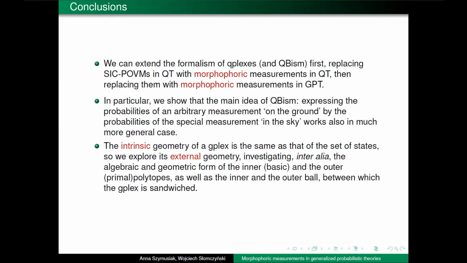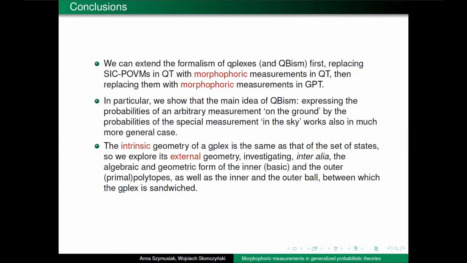And we tried to understand the sources of different ingredients of qubits. For instance, the fact that the state space lies somewhere between two balls is connected with this property of self-duality of the state space.